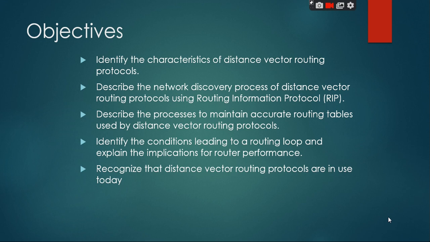You need to describe the network discovery process of a distance vector routing protocol such as RIP, and describe the process to maintain accurate routing tables, how the routers are basically managing these tables. You need to understand a problem called routing loop and how we can prevent those, and the modern distance vector routing protocols used today.